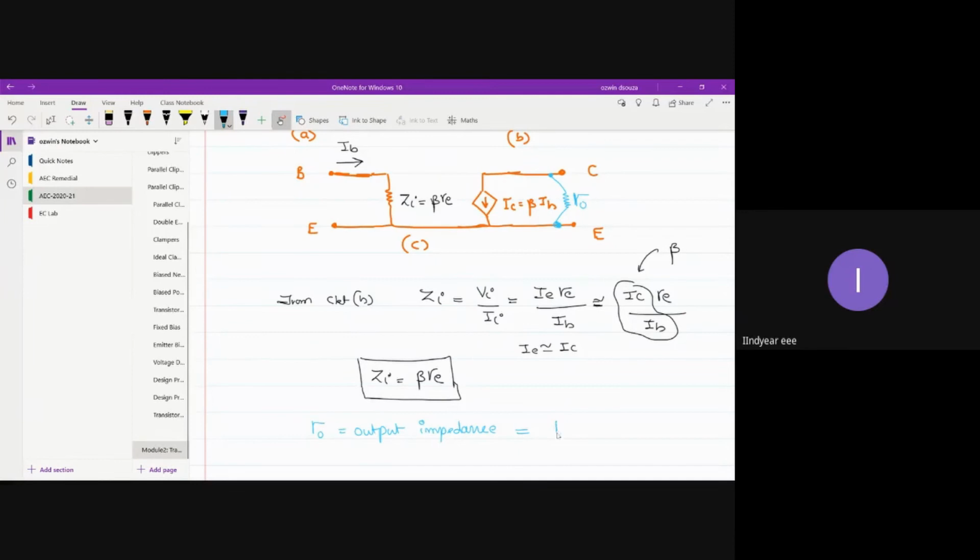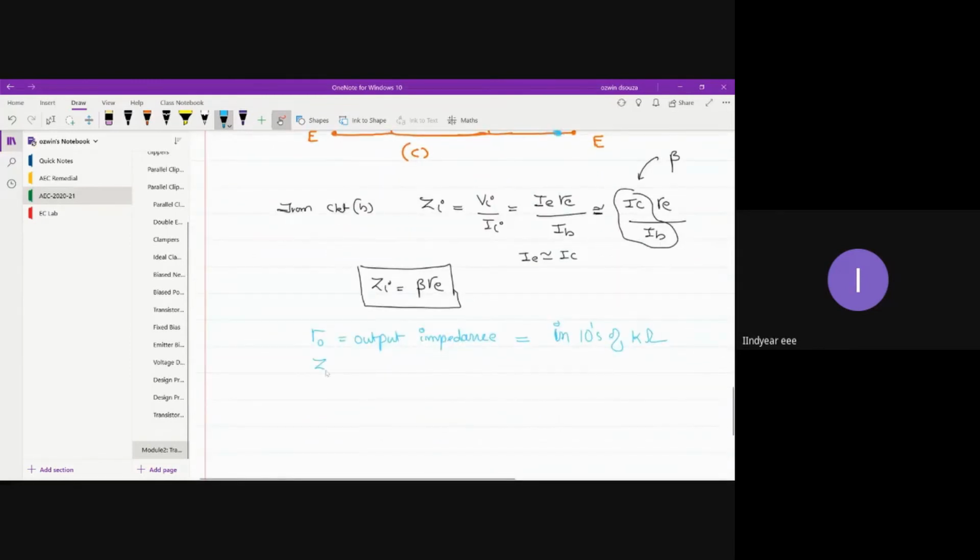For a common emitter configuration, this output impedance will be in tens of kilo ohms. And the input impedance will be in few kilo ohms. So that's the normal range of input and output impedance for a common emitter configuration.